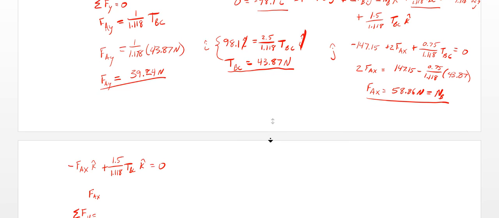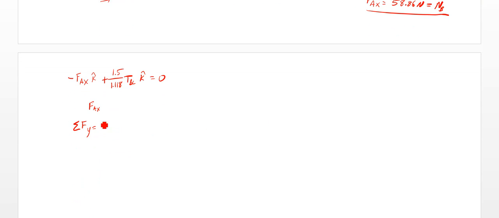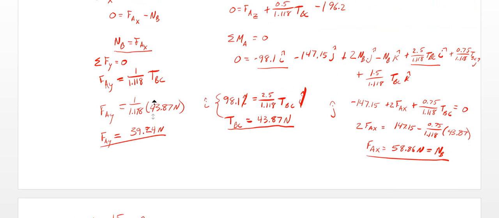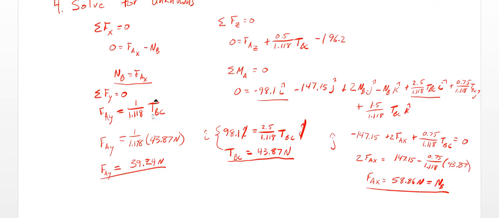Alright, so then I just have the Z direction left here. Sum of the forces in Z equals 0. We had that up here. We wrote out that equation of equilibrium.